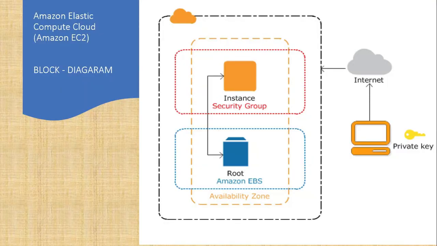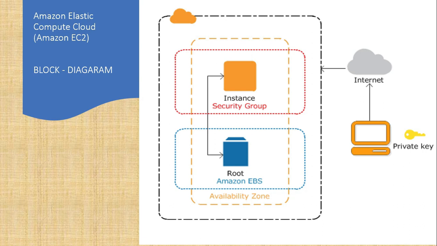Now here is the block diagram of Amazon Elastic Compute Cloud, that is Amazon EC2. When you see the block diagram, Amazon EC2 is associated with an availability zone. The availability zone accommodates two things: the root Amazon EBS and the instance security group.